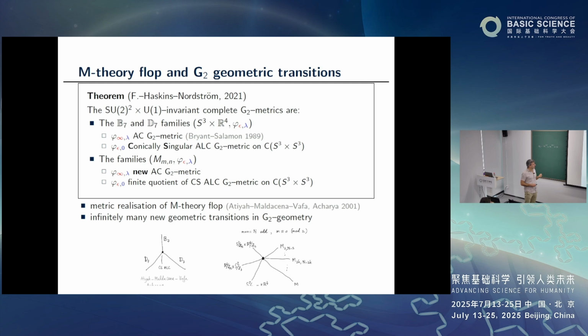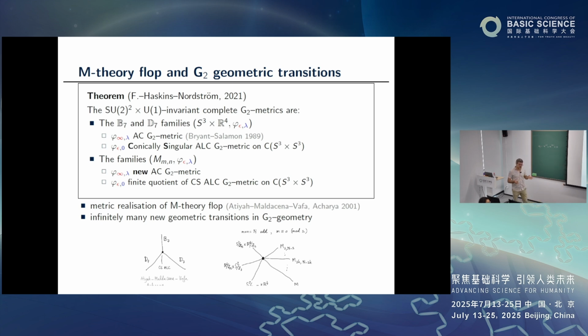In this way, these asymptotically conical G2 metrics depend on M and N. So this way we actually produced infinitely many asymptotically conical G2 metrics, while before this theorem there were 3, 4, 7. Yeah.